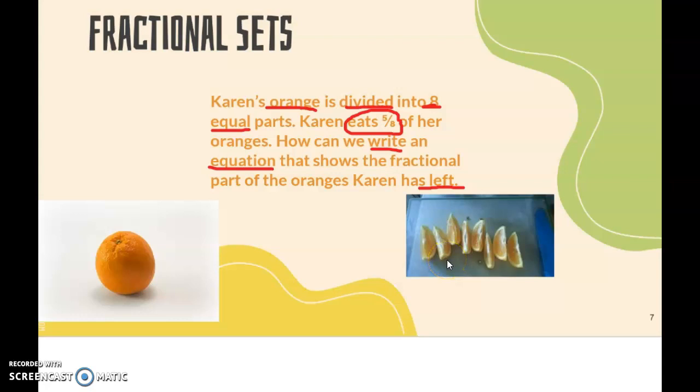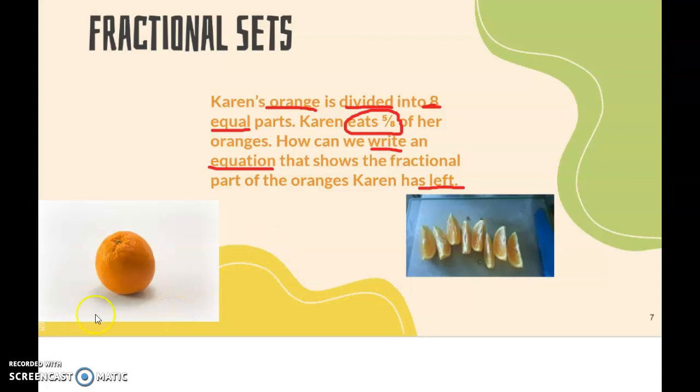So if you're wondering how on earth am I going to figure out what 5/8 is, I don't understand what 5/8 means. Remember, let's go back. Our orange represents the whole. This same orange was divided into 8 smaller pieces. Okay? So remember, fractional parts are smaller than the whole.